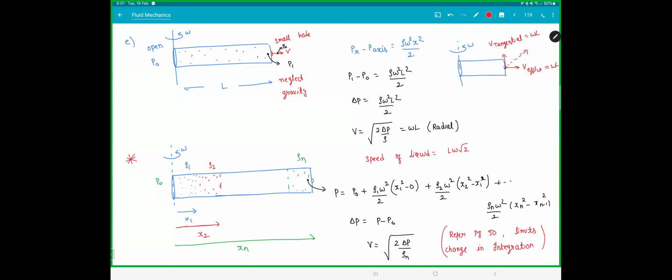So if you have multiple liquids in a cylinder, that's what you do. Have a look at this. Clear.